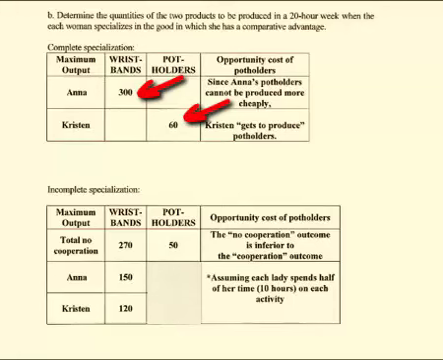Kristen could produce more potholders than Anna, and therefore Anna had the comparative advantage in producing wristbands, and Kristen had the comparative advantage in producing potholders. Since Anna's potholders cannot be produced more cheaply, Kristen gets to produce potholders. In other words, Anna has a higher cost of producing potholders, and therefore Kristen produces potholders because she has a relatively lower cost.